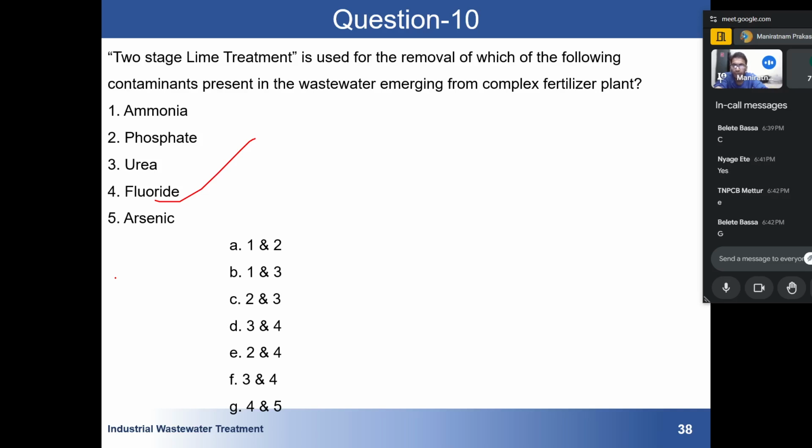E, 2 and 4, phosphate. G, 4 and 5, arsenic. See, we are talking about this two-stage lime process also. So can lime help in arsenic removal?